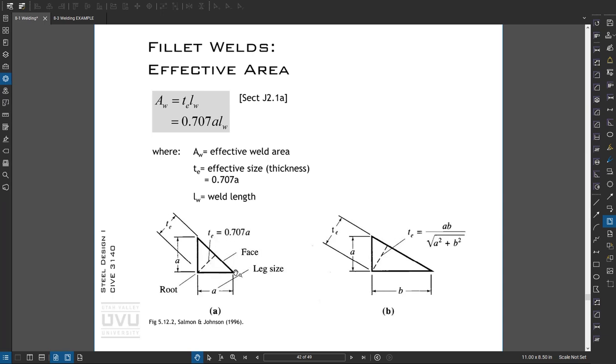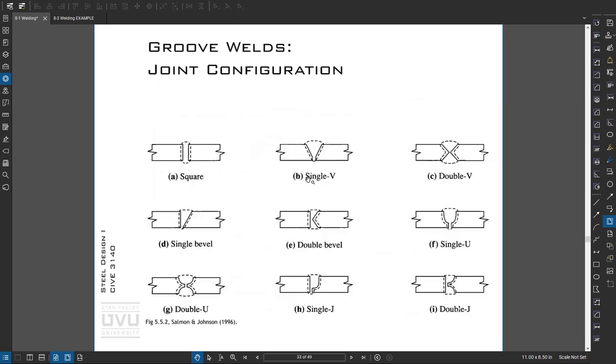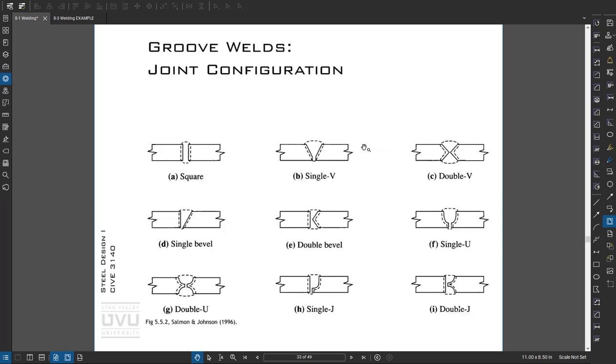If my weld happens to be wonky like that, then my effective area is calculated by that thickness, or this equation. Okay, so backing up, basically look at the geometry of your weld to find the area. Weld strength is based on this table.